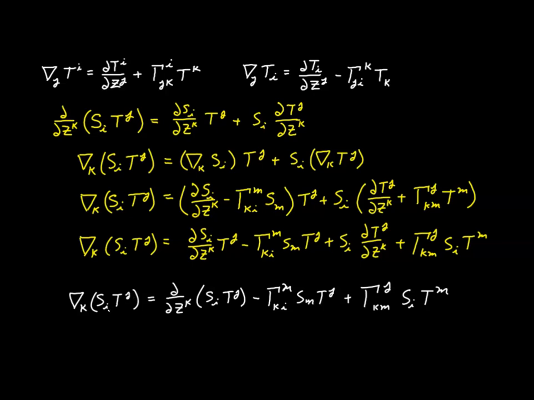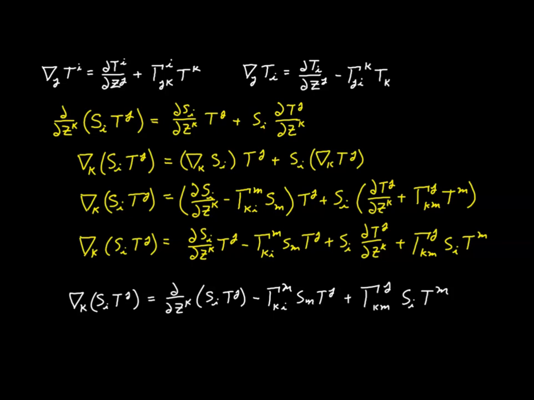If it's a lower index, we're going to have a negative term, and the contraction is going to be formed from high to low. If it's an upper index, it'll be positive, and the contraction will be formed from low to high. So that pattern can be extended as far out as we need to. It works for as many factors in our product rule as we might encounter.